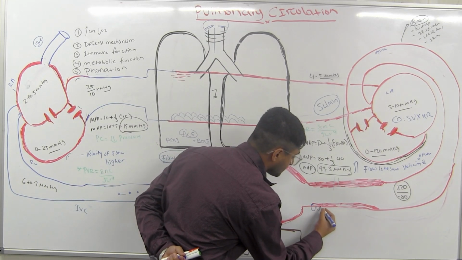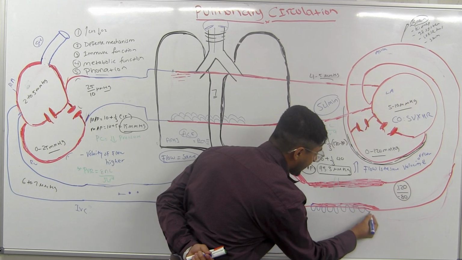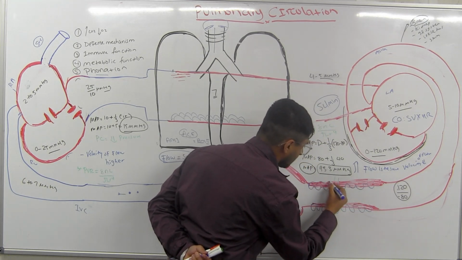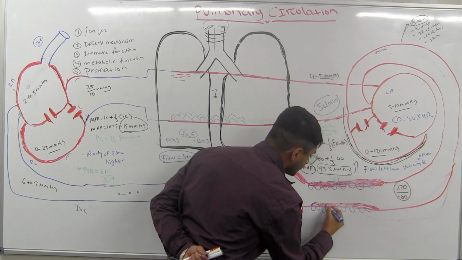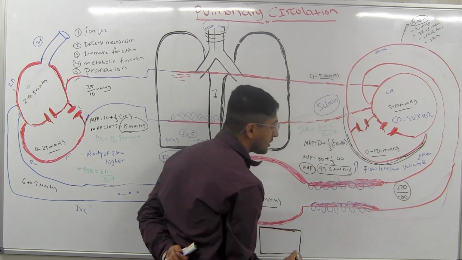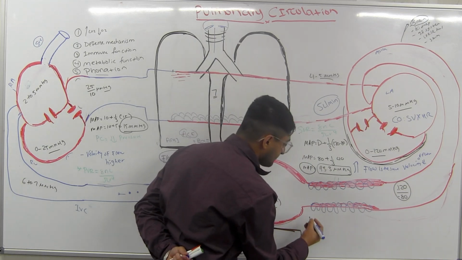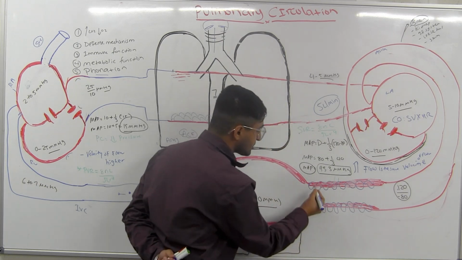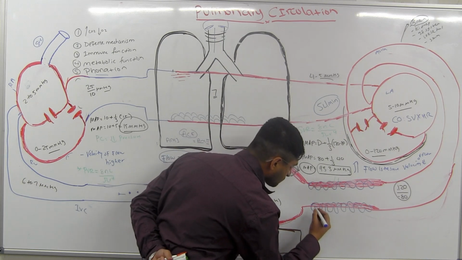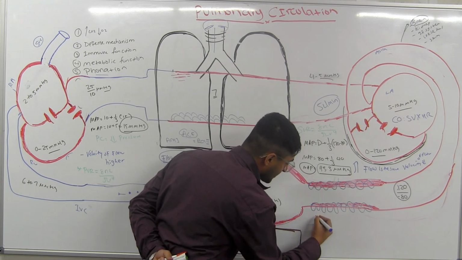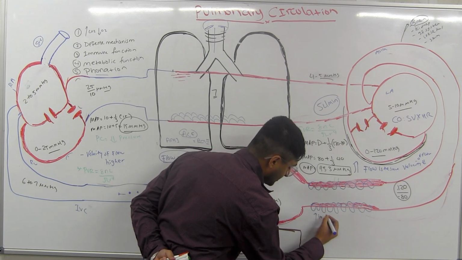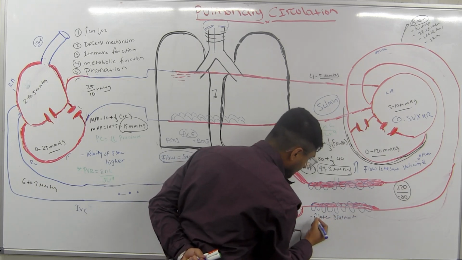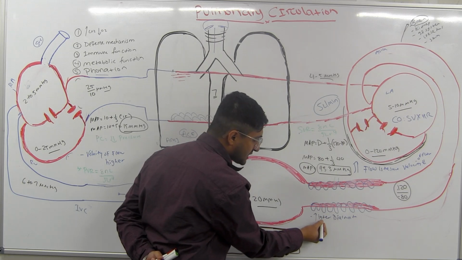A lot of these vascular smooth muscle cells decrease the internal diameter of these blood vessels. Because they're tonically contracted, you're decreasing the internal diameter.